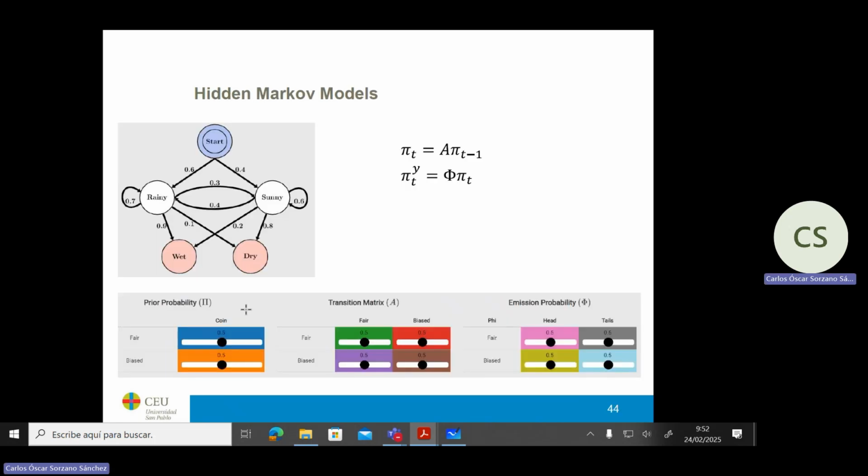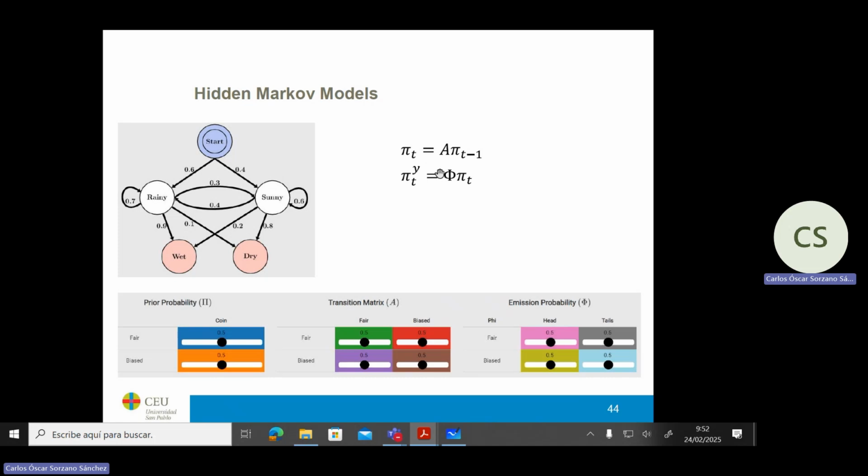So, how is this translated? The next state is the transition matrix times the previous state, but then you can add an extra variable, which is the output.